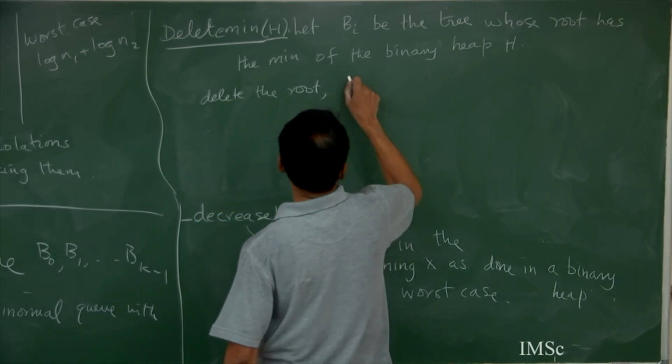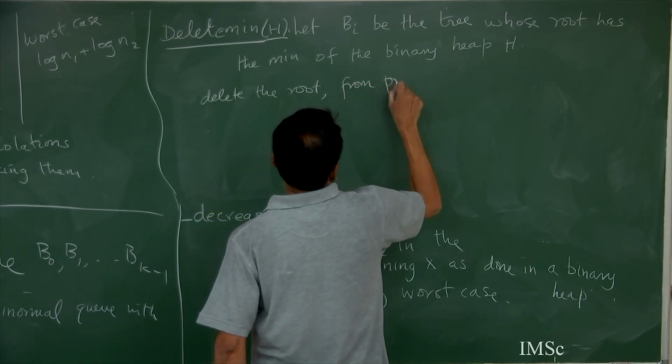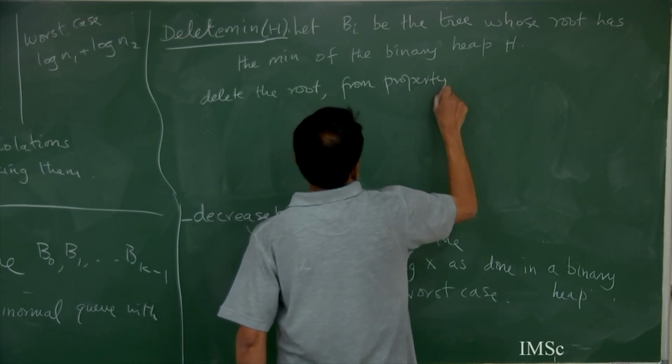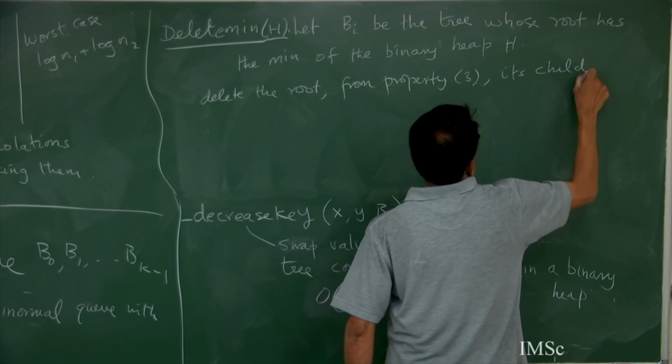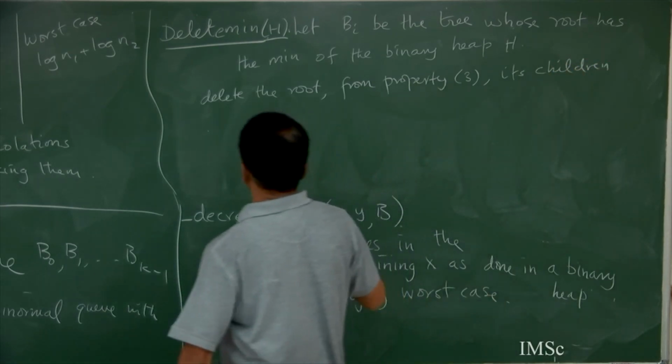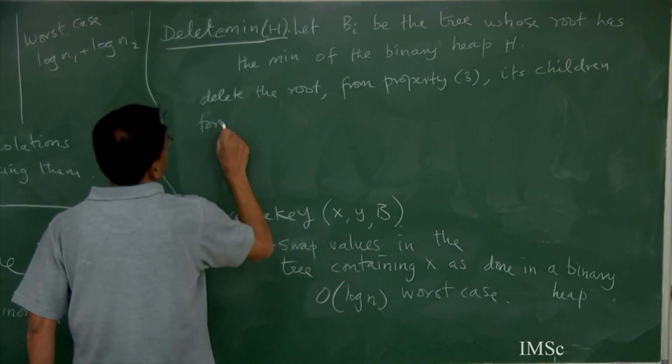From property 3, its children form a binomial heap.